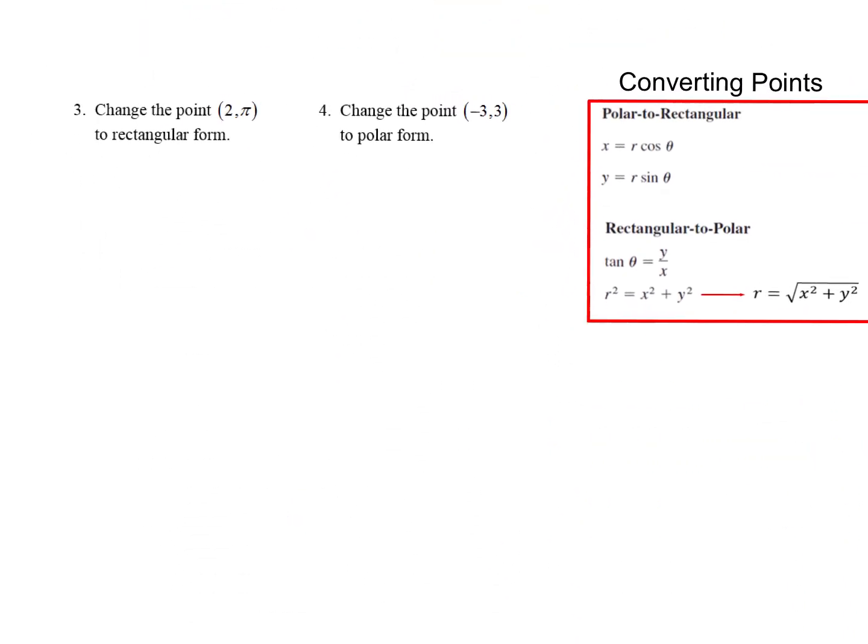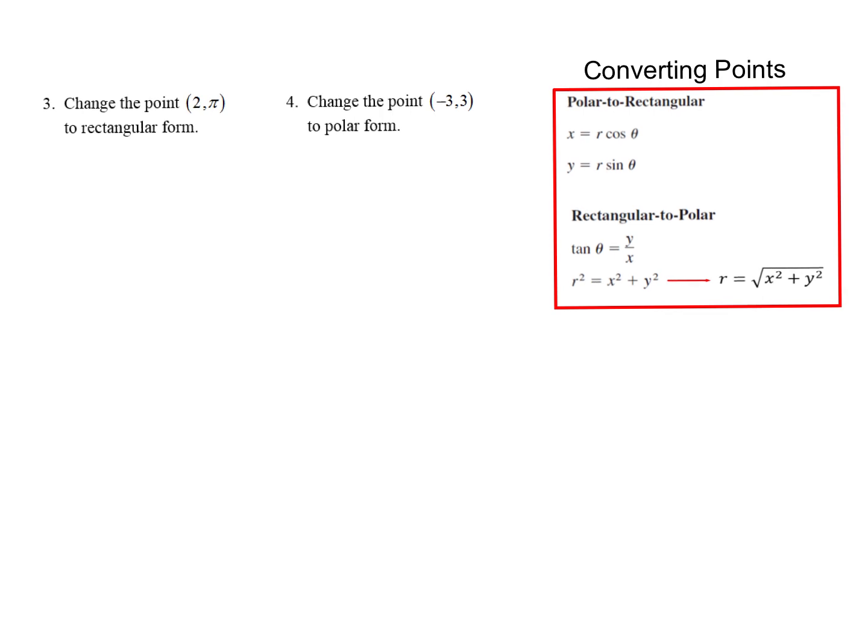Okay, so we're going to just change a few points here just to practice. So change the point 2 and pi to rectangular form. So there's a couple ways to do this. What's one way to do this? What do you think? 2 equals r cosine theta.